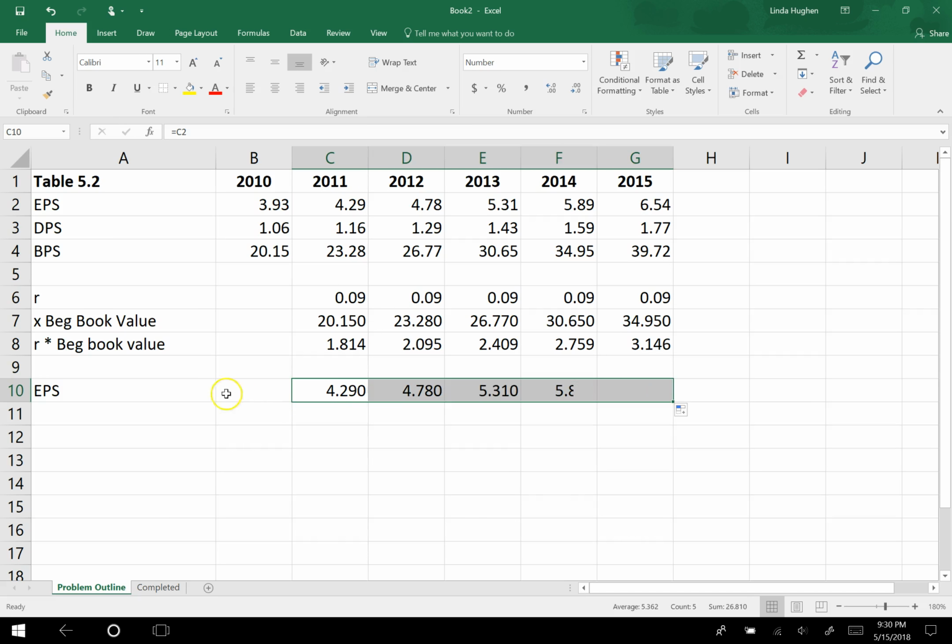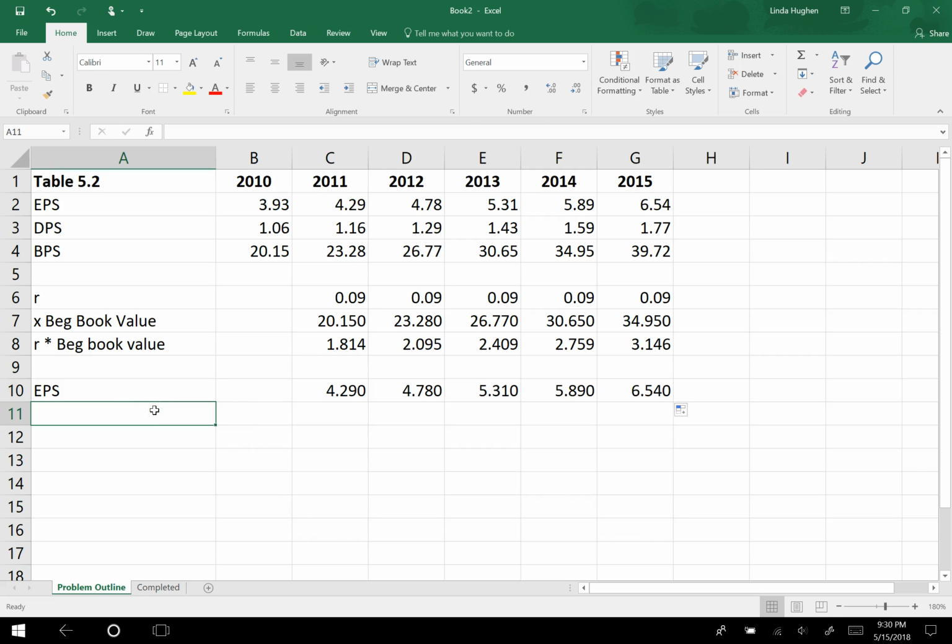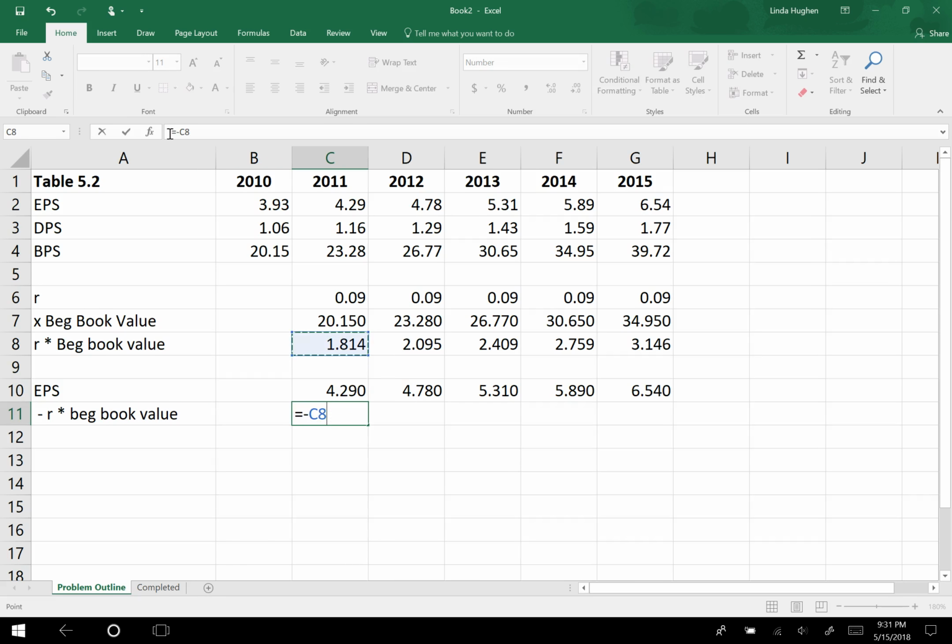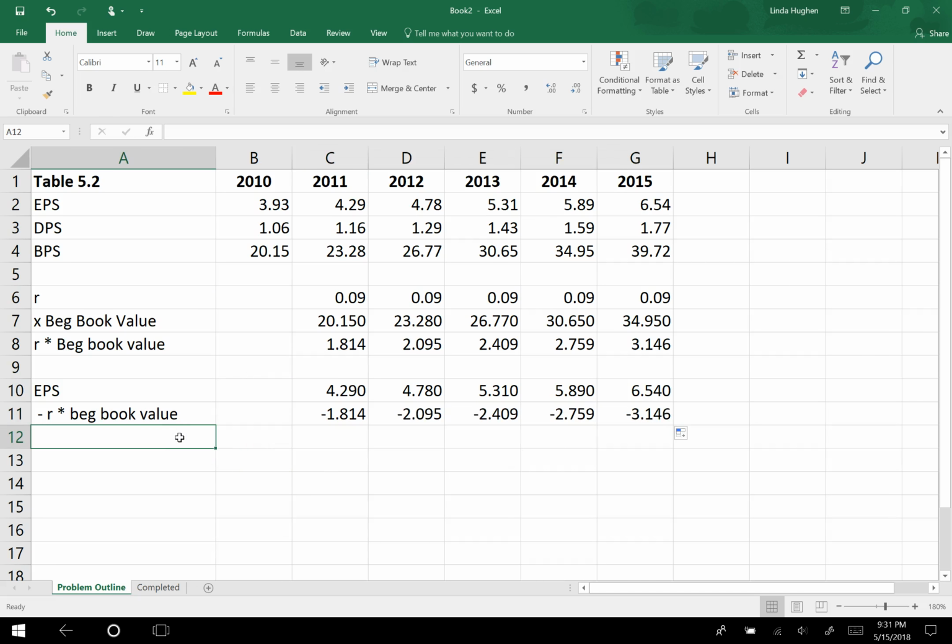And from that, I want to subtract my required earnings. I include in my formula here that I want to subtract this, in order to get my residual earnings.